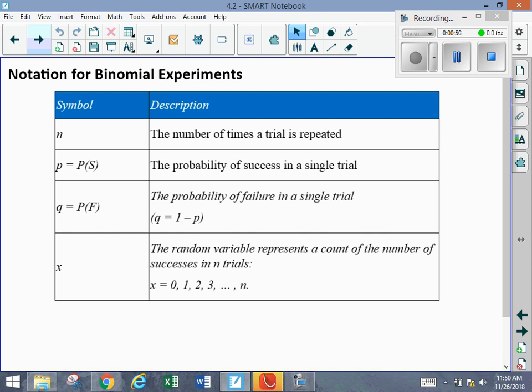We've got p, the probability of success for each trial. We've got q, which is the probability of failure. And then we've got x, which is essentially the number of successes that we get. We're going to get some problems to put all of this in context in a moment.